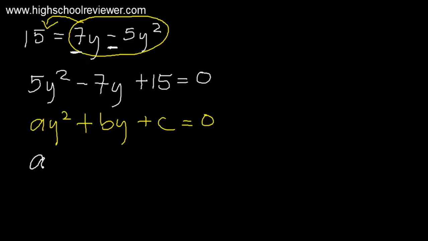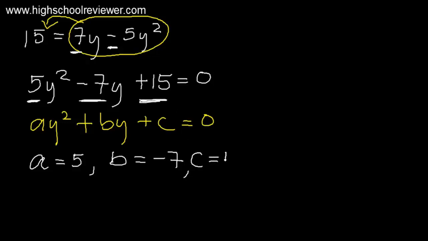The value of a is the numerical coefficient of our first term, so our a here will be positive 5. The value of b is the numerical coefficient of our second term, and this is negative 7. And our c, the coefficient of the third term, is positive 15.